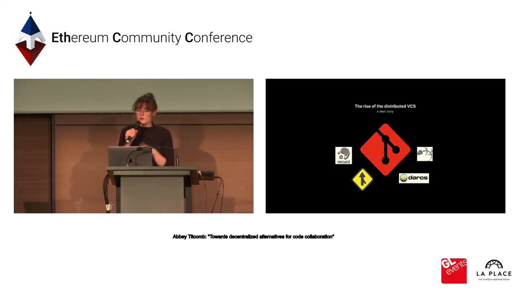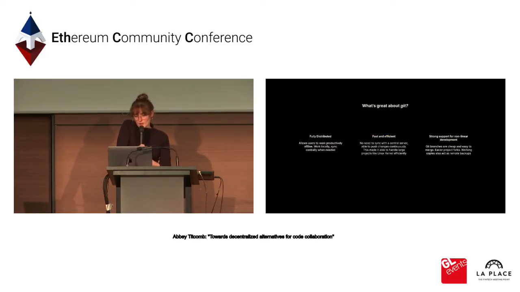Mercurial, GNU Bazaar, Darcs, and Fossil all joined the contingent of distributed version controls. This evolution from centralized to distributed was a really big advancement in software development that did a lot of really great things for increasing the efficiency of how we were writing code together.